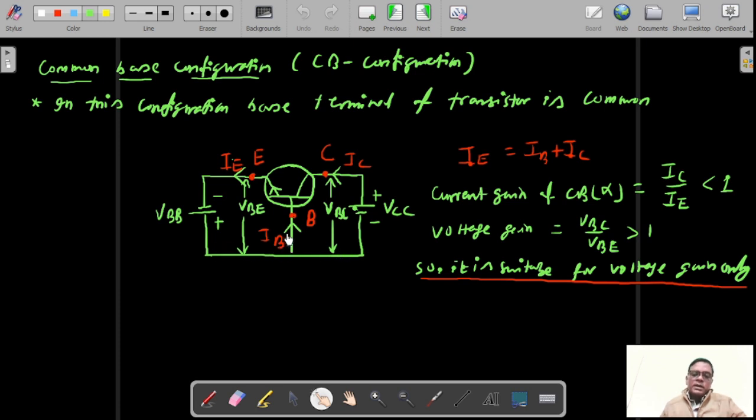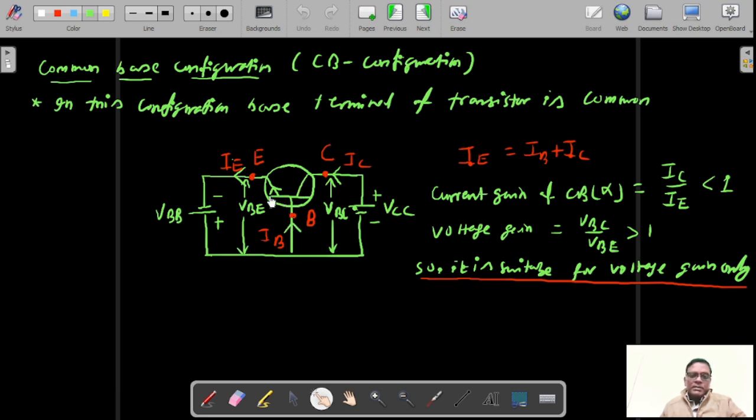And another thing we have to keep in mind is how to draw this configuration: the terminal which is common, here the base, I keep at the bottom, and the other two terminals, the emitter terminal and the collector terminal, remain accordingly.